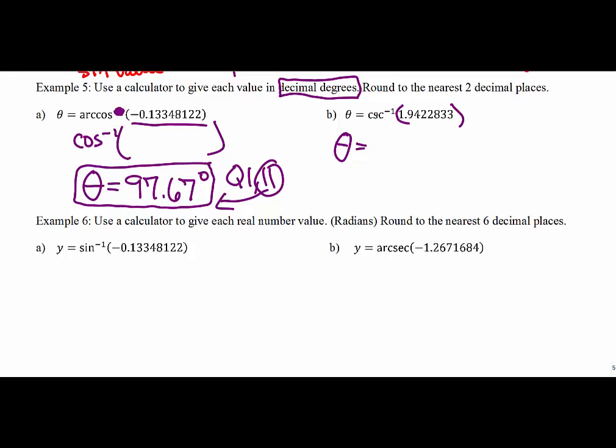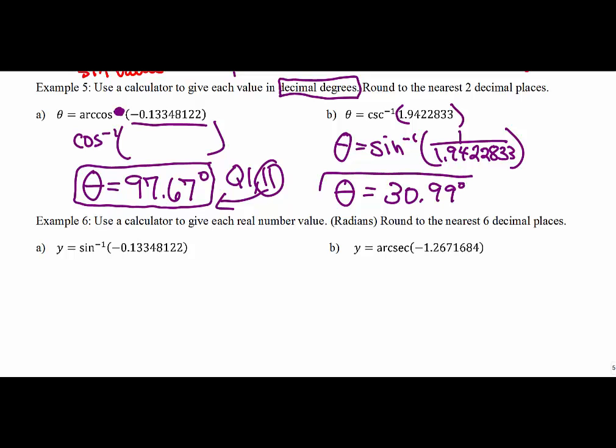Well, the same angle that has a cosecant value of 1.94, etc., has a sine value of the reciprocal. So we're going to look for sine inverse of the reciprocal of that value. So we're going to put that into our calculator, round to the nearest 2 decimal places, and get 30.99 degrees.